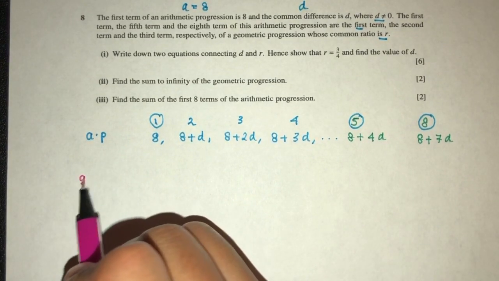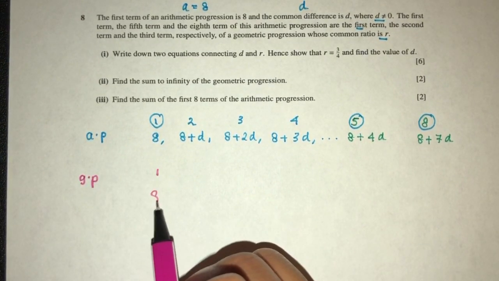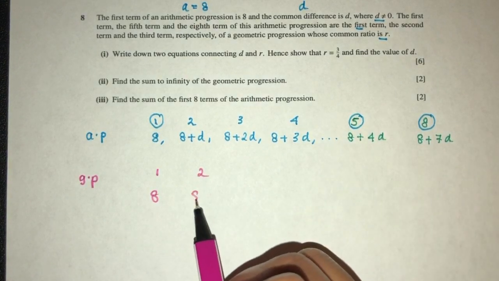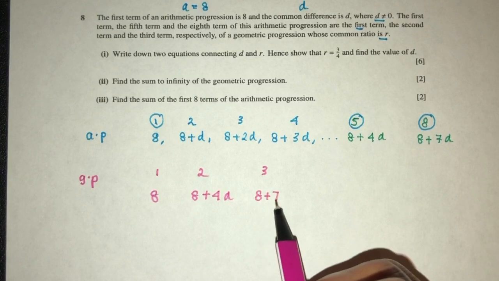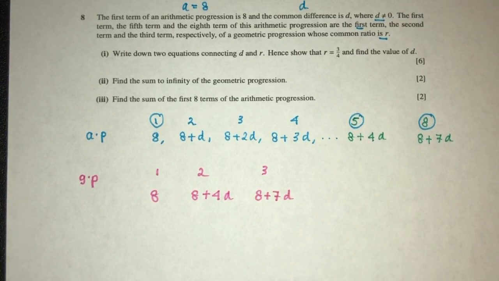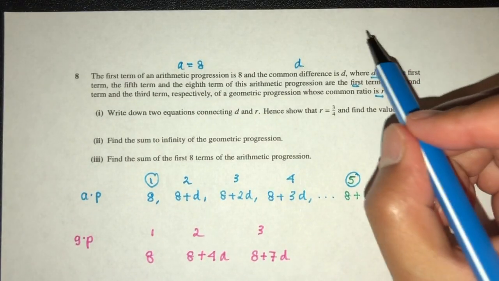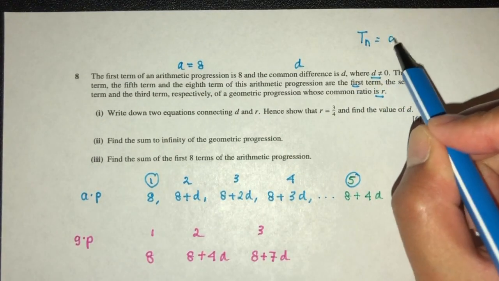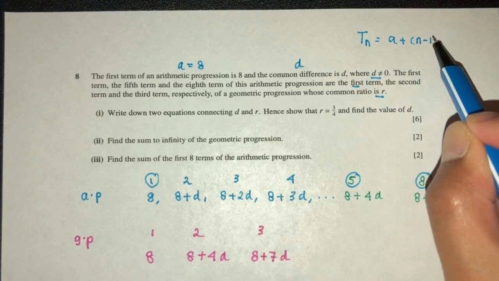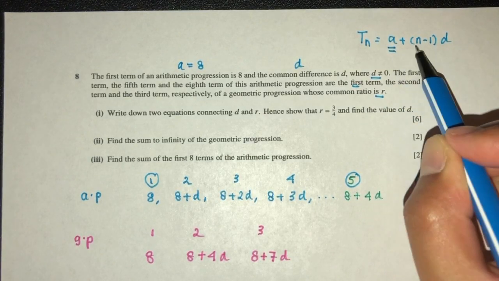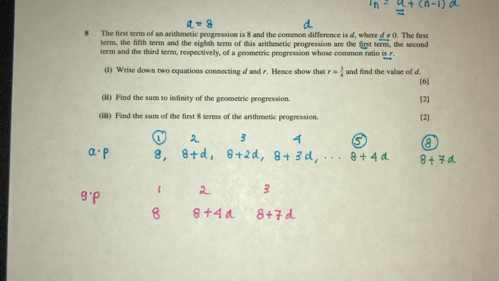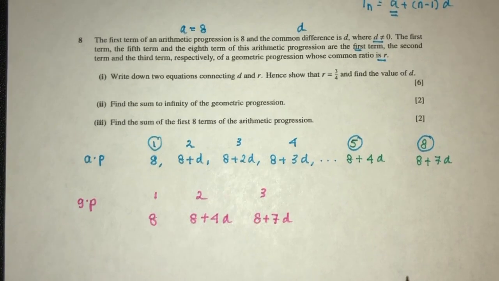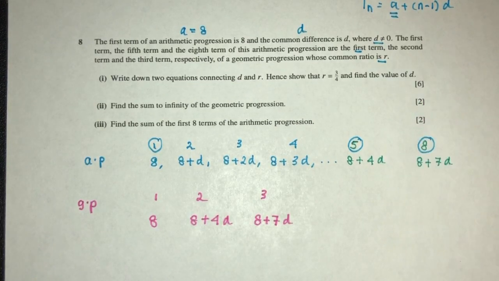So for the GP, my first term should be 8, my second term should be this one, and my third term should be 8 plus 7d. Now again, if you don't know how to find this one, no problem. You can always use your formula, which is that the nth term is given by a plus n minus 1 times d. We're given a, we're given n, we just have to replace to find these terms, right? This is for your AP. Now here we have the common ratio r. Okay, we don't know that.